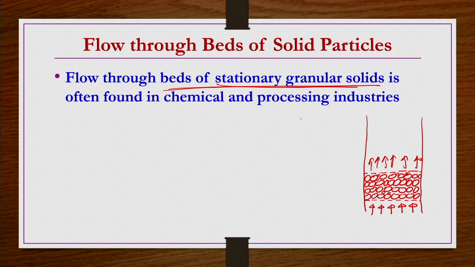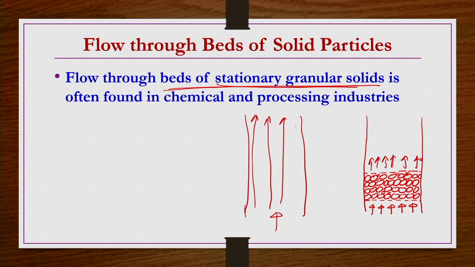In general, if you have a single column like this, the fluid just flows through, and fluid elements travel a distance equal to the length of the pipe or column. But here part of the column is packed, or sometimes the entire column is packed, so let us take only this part packed.